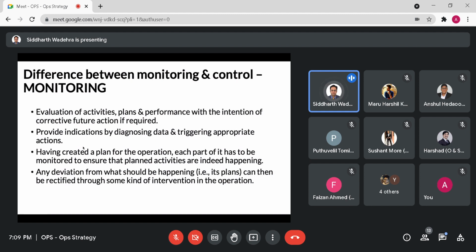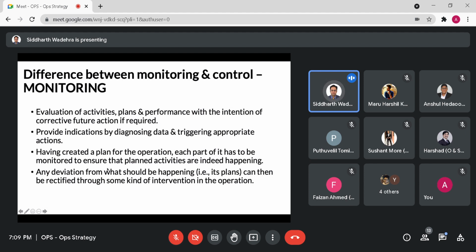All right. There is a slight difference between monitoring and control, and we will get to that in a minute. But when we talk about monitoring and control, let's understand that we are looking at it from two perspectives. One is strategic monitoring and control, and the other is operations monitoring and control. Typically, monitoring talks about the evaluation of activities, plans, and performances, with the intention of understanding where some of the gaps in the existing processes are, or where some of the interventions need to be made, or where some of these diagnoses need to be carried out by triggering appropriate reactions.